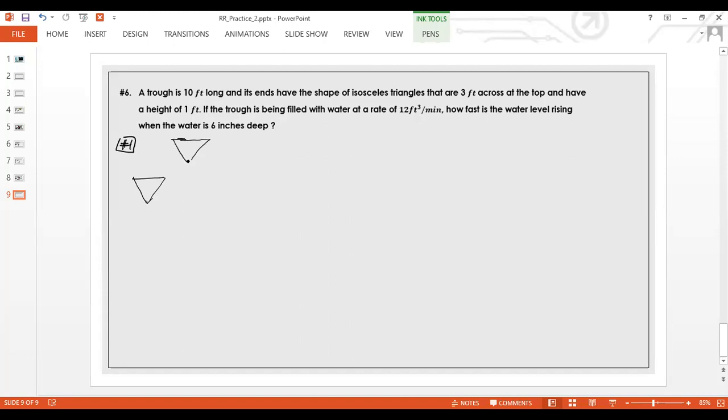All right, so this is the triangle trough here. Basically you can see what that means here, right?